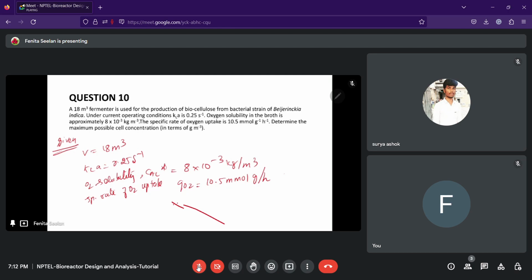So first we will start by converting the specific rate of oxygen uptake.